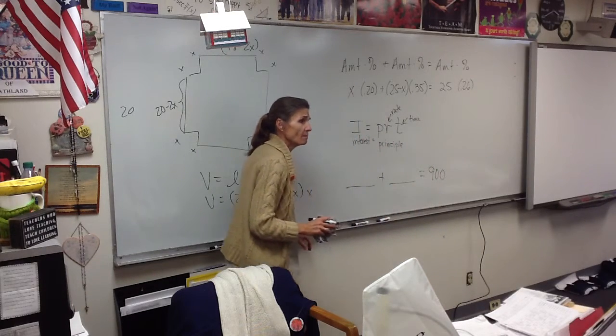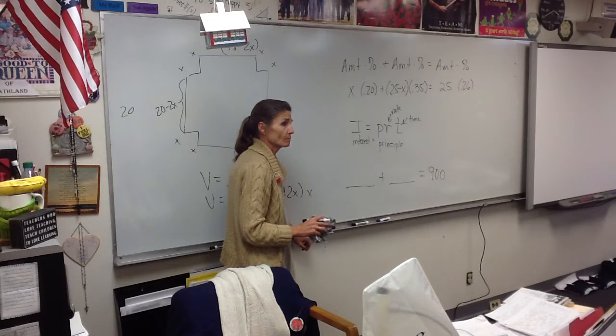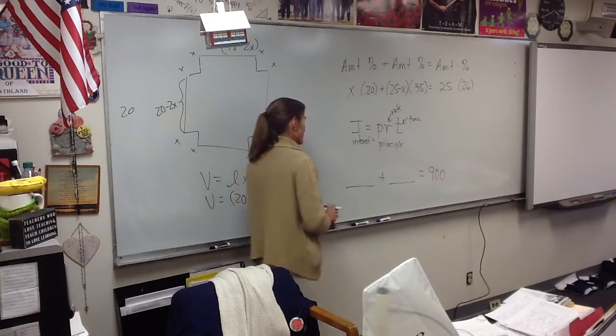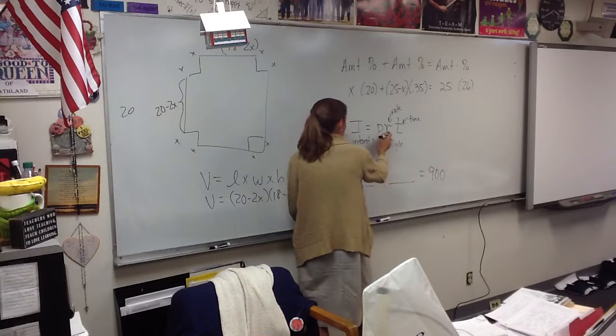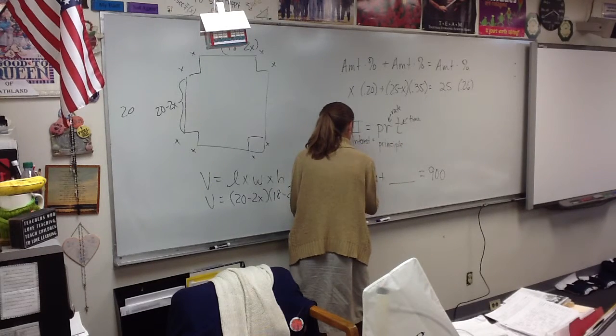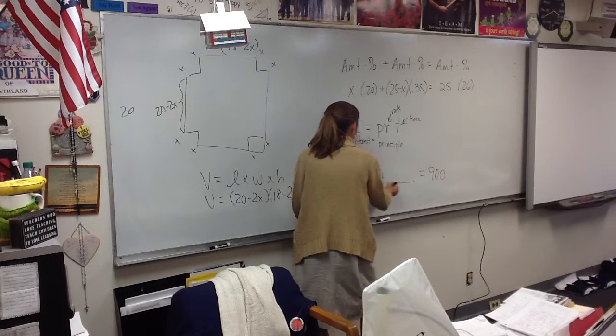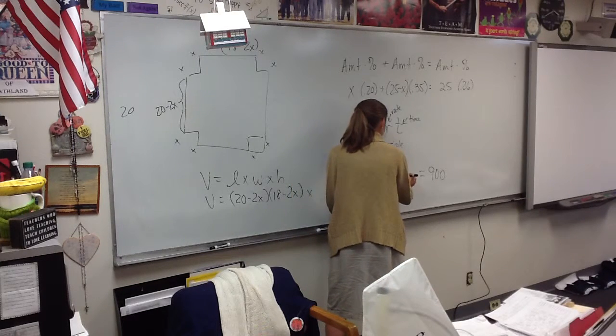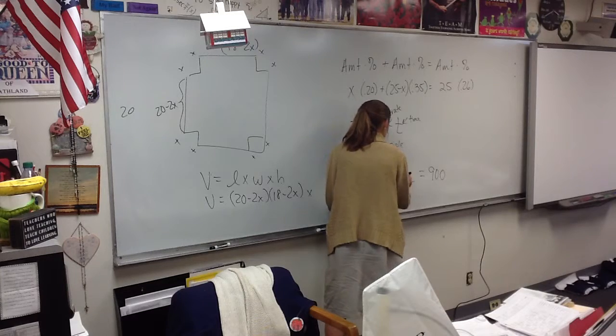Would you agree with that? What's the percentage on this one? Remember, we're doing PRT, but T is 1. So what's the percentage on this one? 7%. What's the percentage on this one? 8.5%.